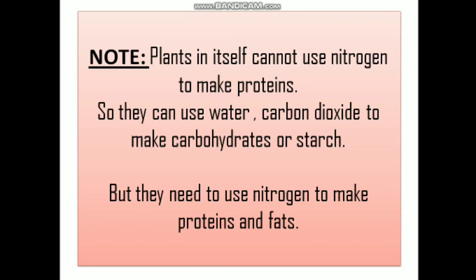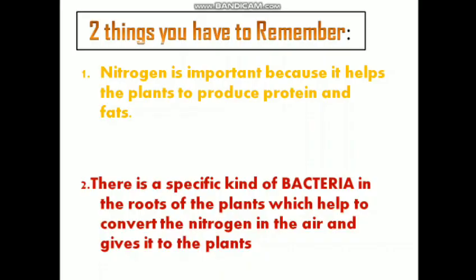Here students, there are only two things you have to remember. Firstly, nitrogen is very important. Why is it important? Because it helps the plant to produce protein and fats. Secondly, there is a specific kind of bacteria in the roots of the plant which helps to convert the nitrogen in the air and gives it to the plant.